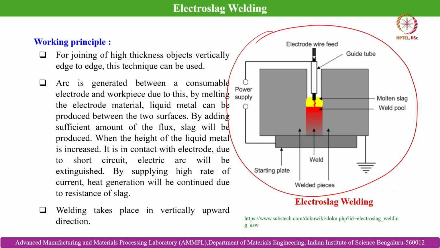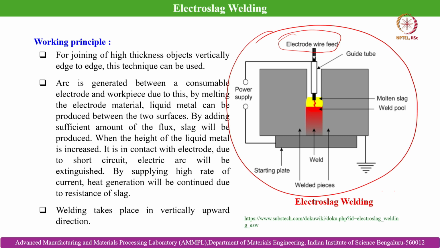So, in this case arc is generated between a consumable electrode and workpiece. This is basically the consumable electrode. You can see the electrode wire feed, and that is basically a consumable electrode, which is also responsible for arcing and also responsible for weld metal production for joint development.